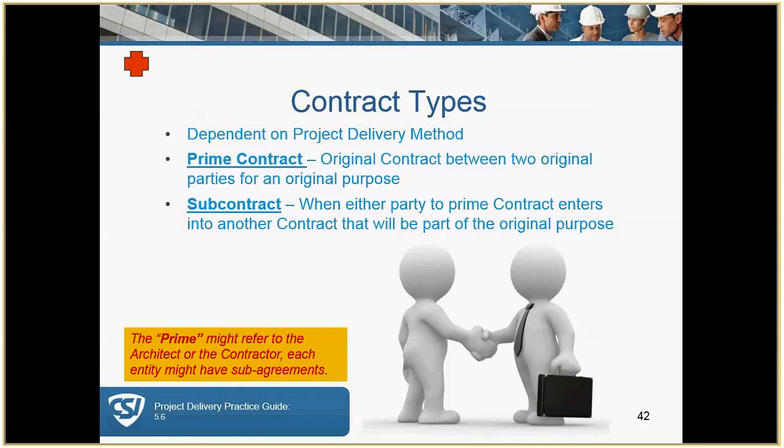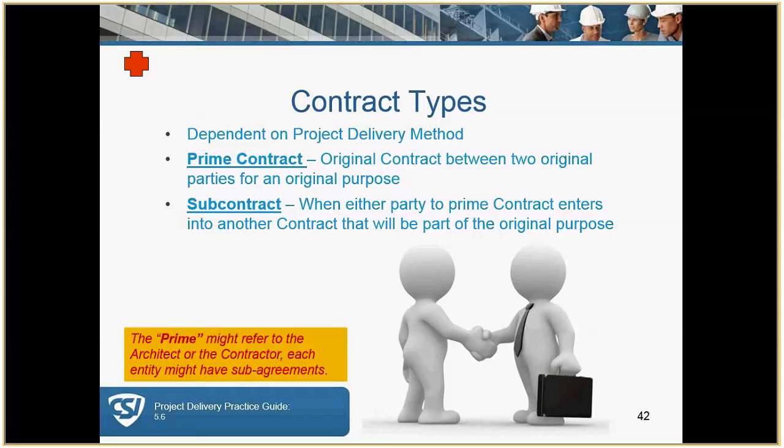So the prime could be an architect or a contractor or a specialty supplier. Each of those would have a sub-agreement. And there could also be multiple prime contracts depending on the complexity of a project. So, for example, an owner might have a contract with a contractor and a separate contract with a furniture supplier, and each of those would have multiple sub-agreements.